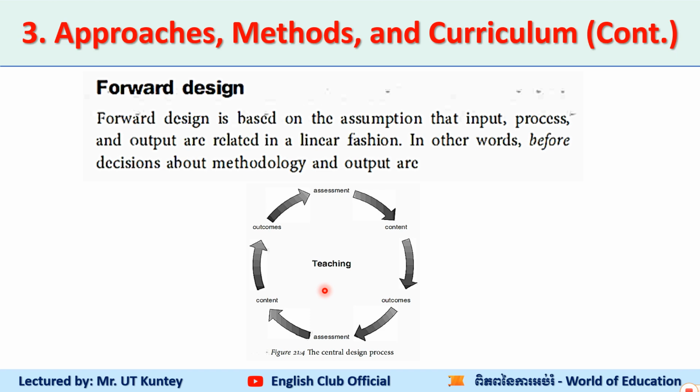For example, you want your student to know about the usages and the form of the present simple. You choose content by using the inductive approach. Okay? You have already known about this one.